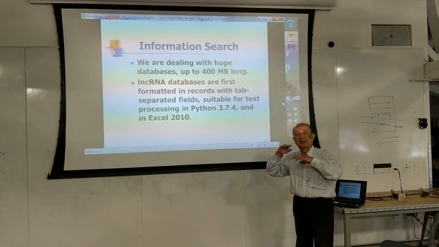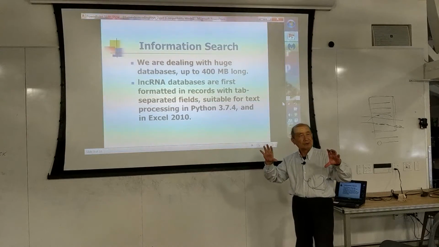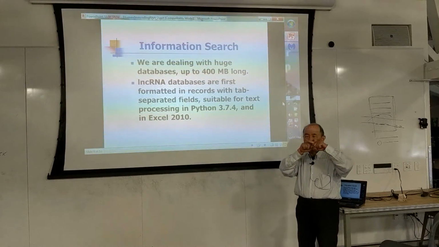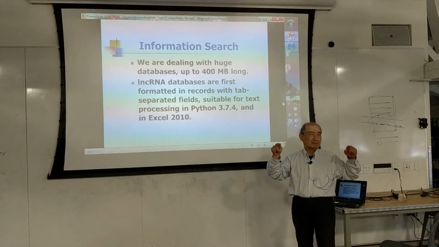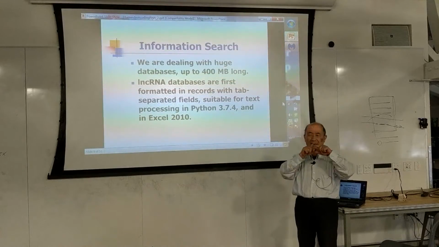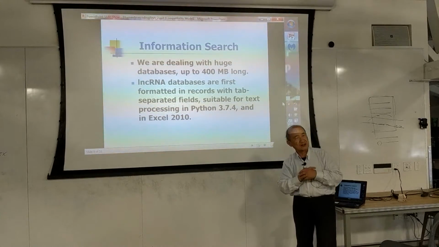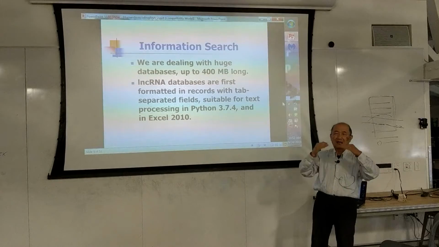For every gene, the first line is a name or comments, which has a greater sign in front of it. And following that line, the data comes line by line.